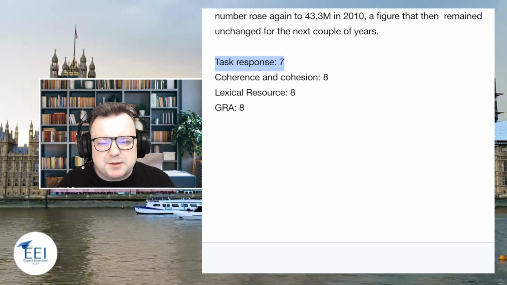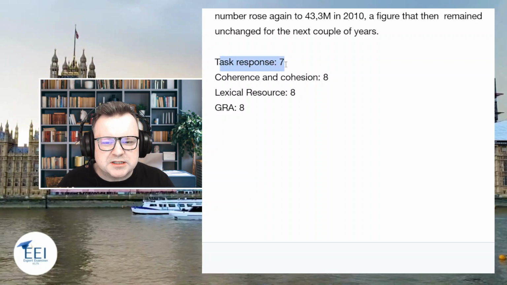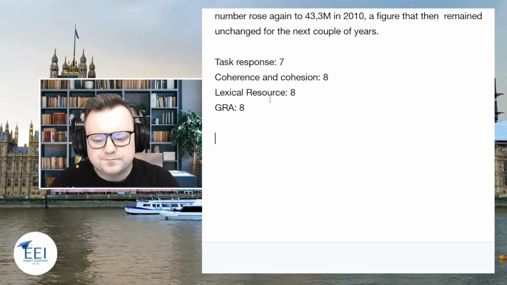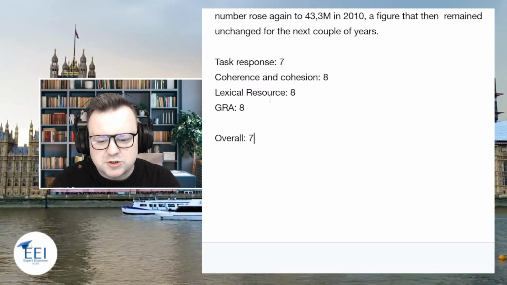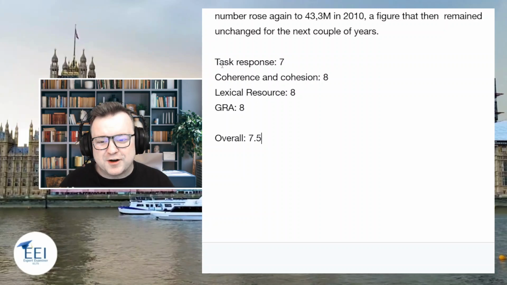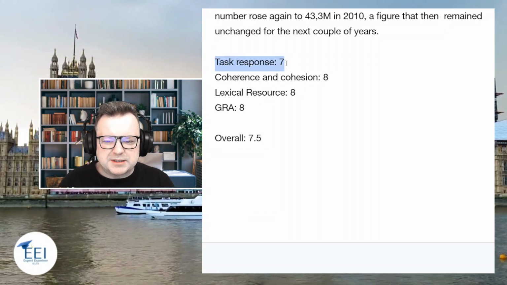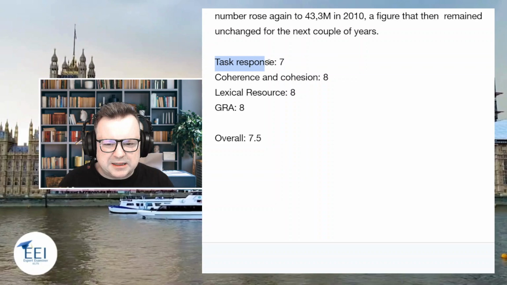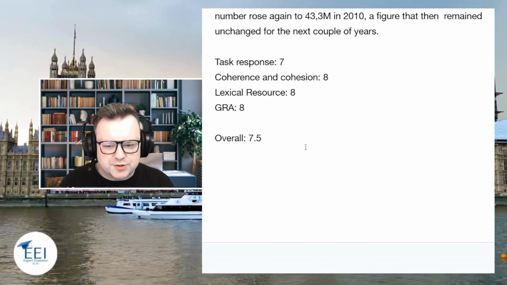So a little bit more precision with the details could certainly boost your task response. So overall, for me, this deserves a score of 7.5, but the candidate is very, very close to an 8, and I would expect the candidate to get an 8 with just a little bit of improvement in task response.